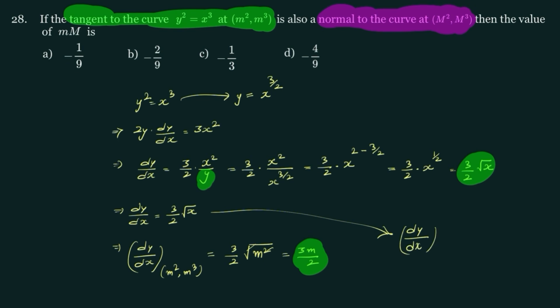The value of the slope of this tangent at (M squared, M cubed) will be equal to 3 capital M by 2.